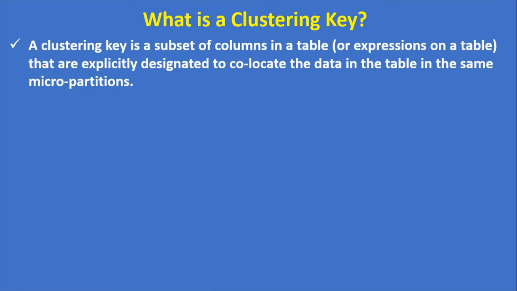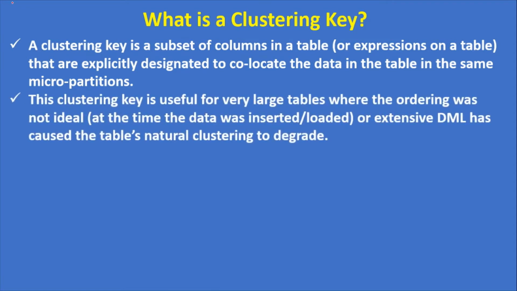This clustering key is useful for very large tables where the ordering was not ideal at the time the data was inserted or loaded, or extensive DML has caused the table's natural clustering to degrade. So when you go for the clustering key, there are two cases.